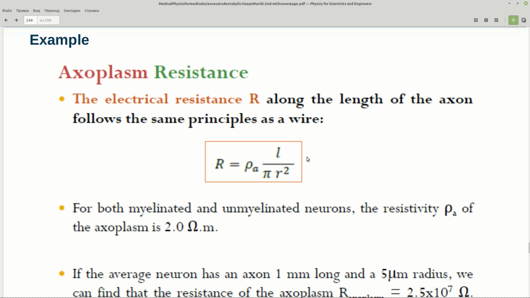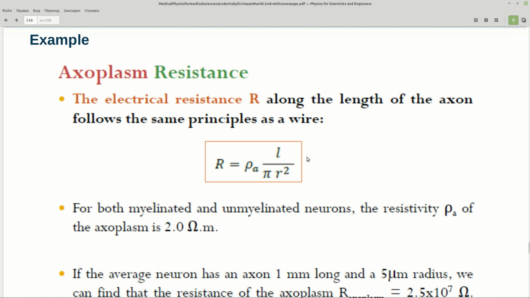The source gives us some delta V, the difference of potentials, and it gives us the current I. The I goes through these resistors R1 and R2. The current will be the same: I is equal to I1 on the first resistor and I2 on the second resistor. The equivalent resistance has the same effect as the original combination of the resistors.